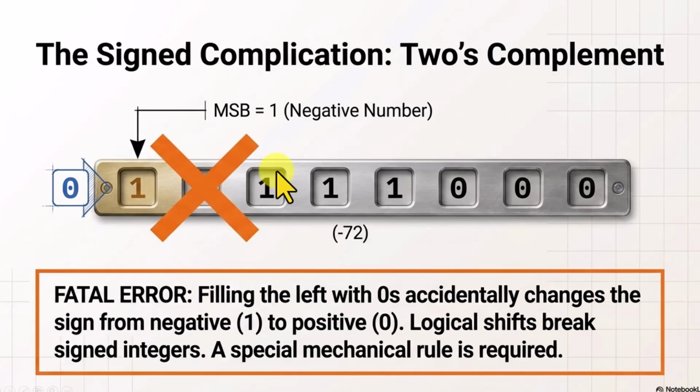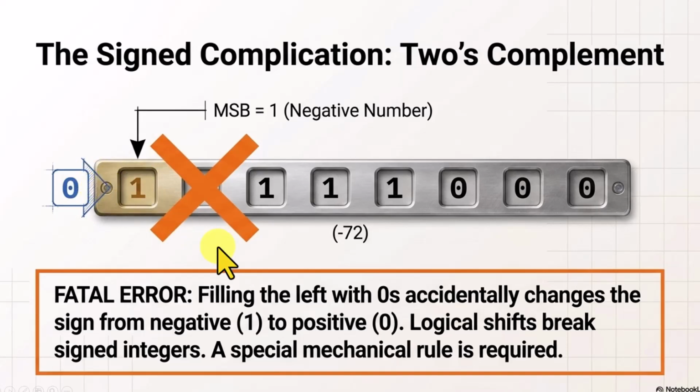So in 2's complement, what do we do? Fatal error: filling the left with zeros, as we told you before, accidentally changed the sign from negative to positive. If we have a negative number in a logical operator and we move the bits to the right, then fill the empty spaces with 0, the sign will change, and that is not correct.